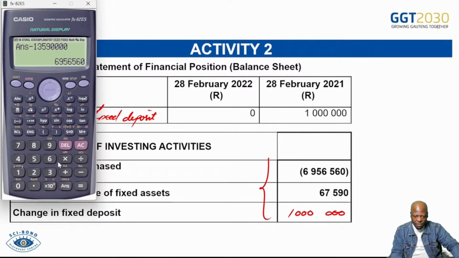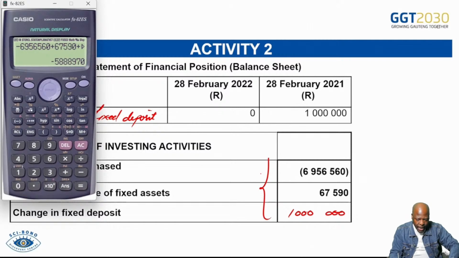Let's see how much it's going to give me. I have a negative 6,956,560. Then I add 67,590. And I also add 1 million.